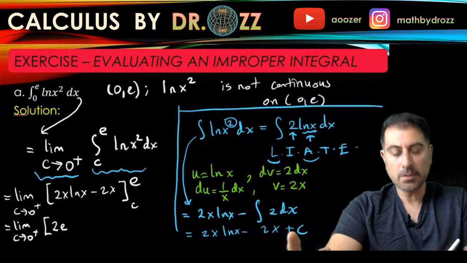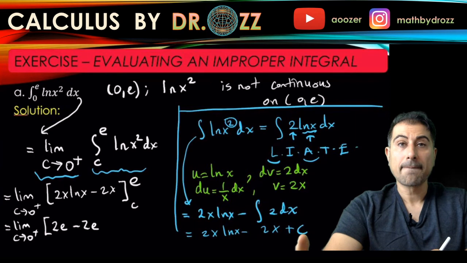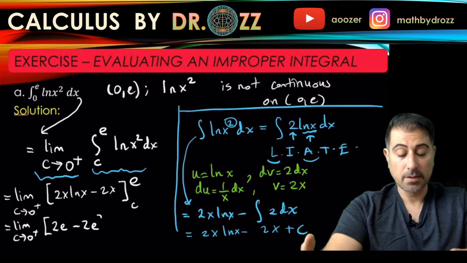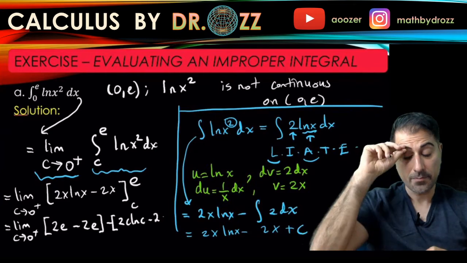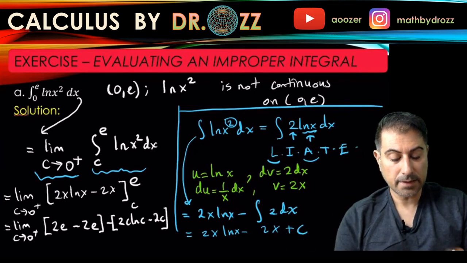So it's just 2e minus 2e. And then let me close the bracket here and open another one for the lower limit: 2c ln c minus 2c. Well, 2e and 2e cancel here.